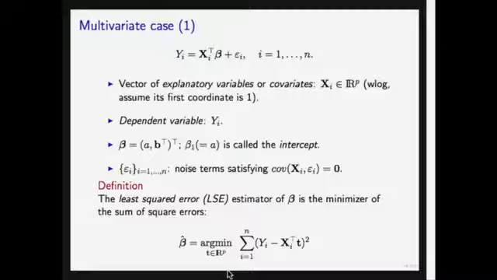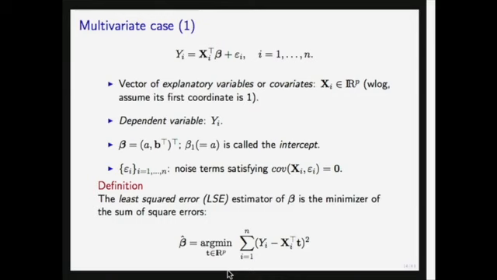Now if I talk about the least squared error estimator, or just the least squares estimator of beta, it's simply the same thing as before. Remember, you should think of beta as being both the pair a, b generalized.